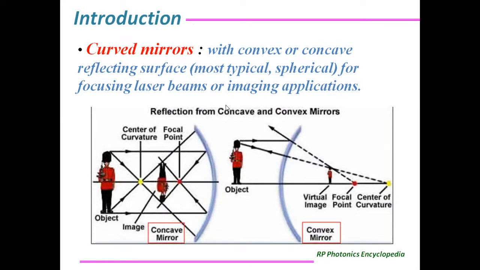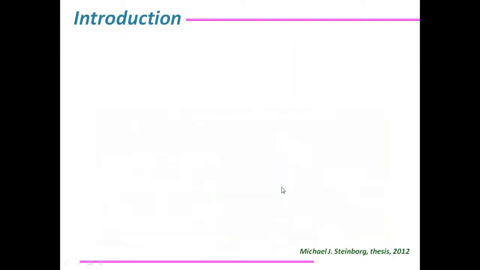You know the concave mirror. Here we've got inverted real images placed between the center of curvature and the focal point of this concave mirror. And in the convex case, we have a direct virtual image, placed between the vertex of this mirror and the focal point. You will know this whole configuration.